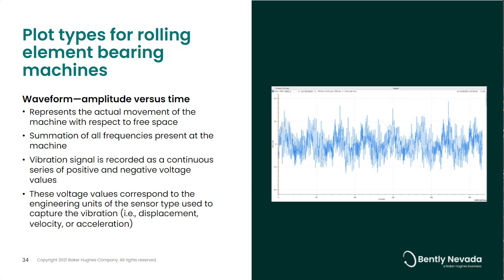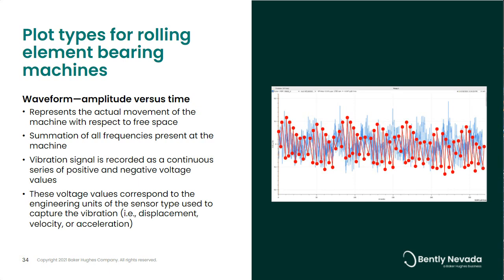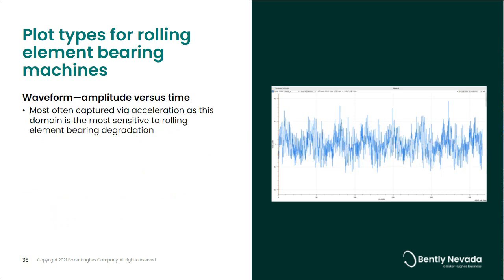It represents the back and forth motion of the machine from the perspective of the sensor and is recorded as a continuous series of positive and negative values that correspond to the engineering units of the sensor type we use to capture the vibration. For rolling element bearings, as mentioned previously, this will be captured using acceleration, as this domain is the most sensitive to high-frequency events typically associated with the machine with this bearing type.